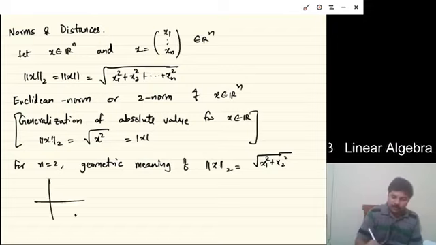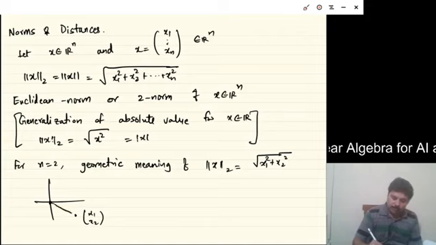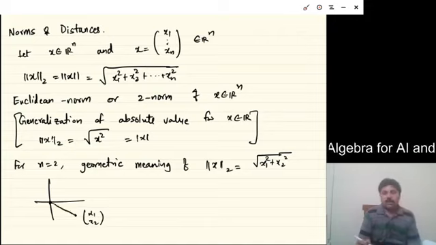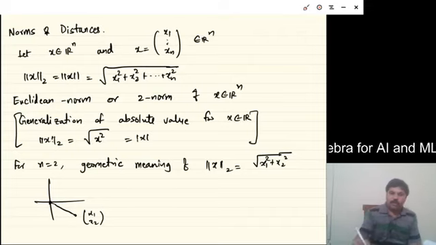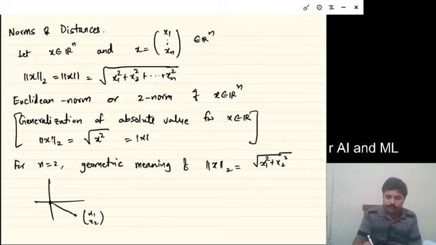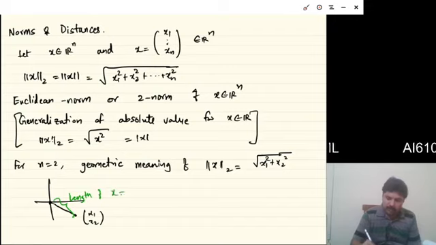That means that if this is the vector x1, x2, and this is 0, then the length of this vector is basically the 2 norm.